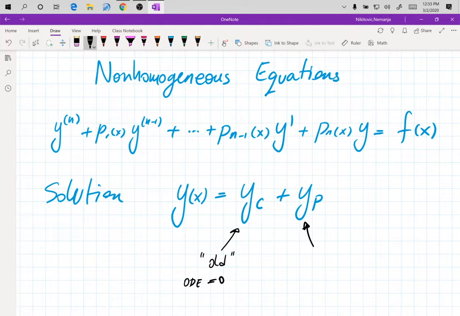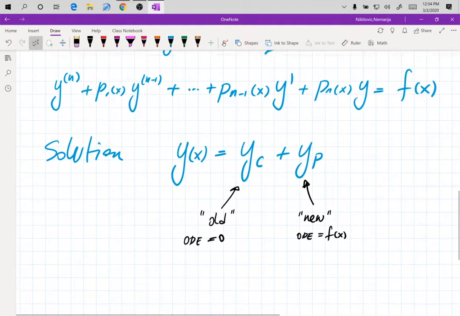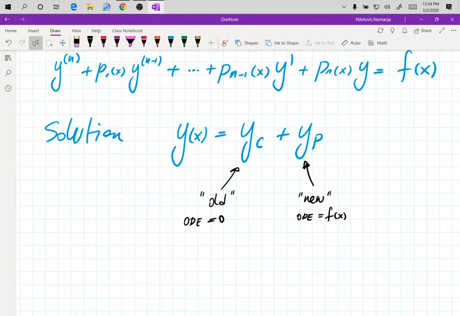And I'm going to label this as new, because that's when the ODE is equal to f of x. Because it equals f of x, you will have to do the extra part. And then you are going to have the overall solution to the problem.